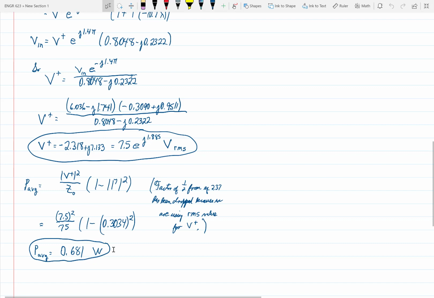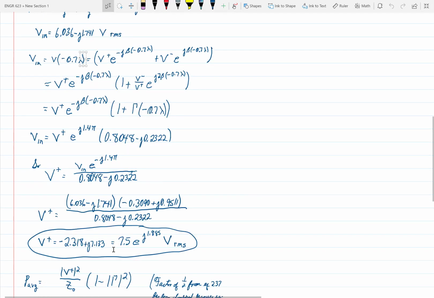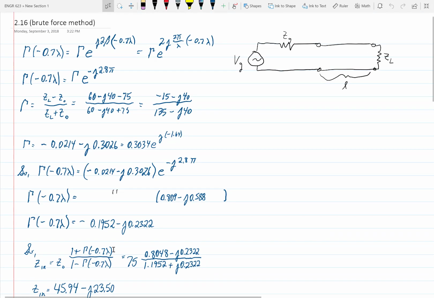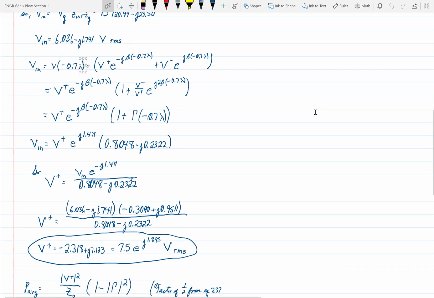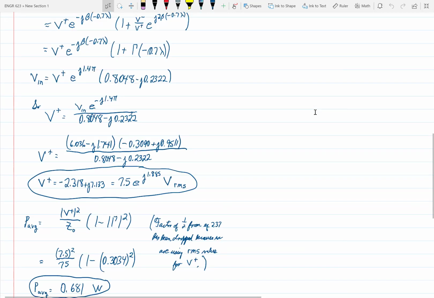And once again now, this is the method that you should use if you have a problem like this and the characteristic impedance of the line does not match the source impedance. Now, one final comment is this method is not too hard, but there was a good bit of calculation here that had to be done.